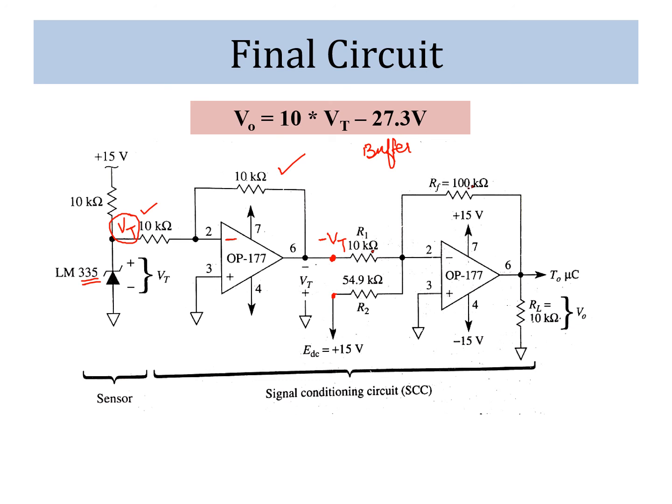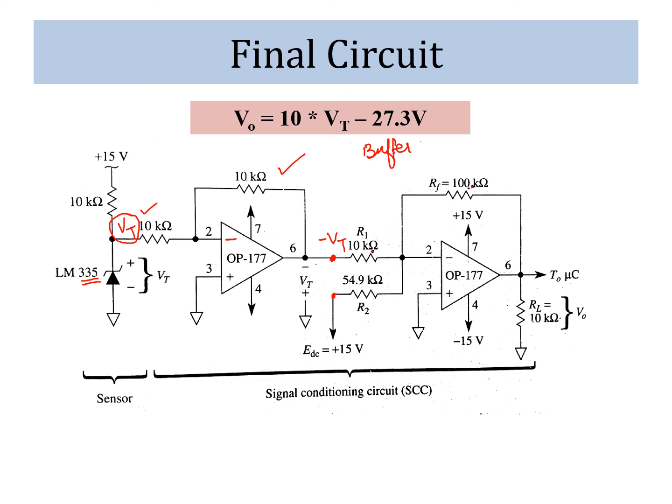So this is our second objective. The first objective was impedance matching between the transducer and the operational amplifier signal conditioning circuit. The other advantage is that we are getting a negative signal here, so that when it again goes to the inverting terminal, this Vt will become positive.